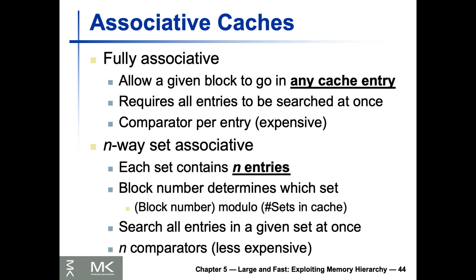An n-way set associative cache assigns n locations for a block, and it consists of a number of sets, each of which consists of n blocks. It's as if we are dividing our cache into smaller chunks, and we call each one a set. And inside each set, you have the option to put the blocks.